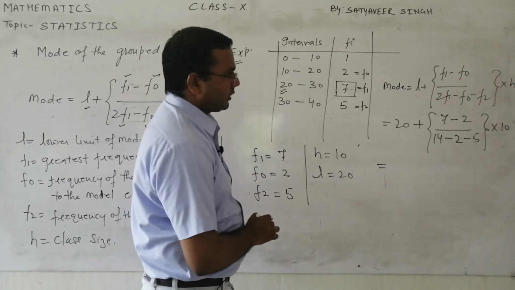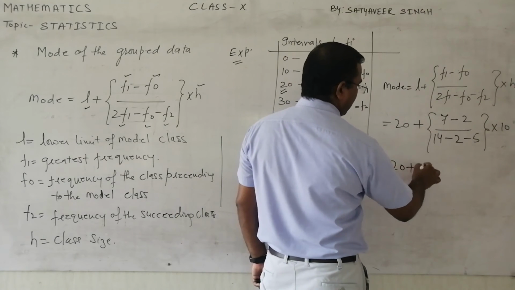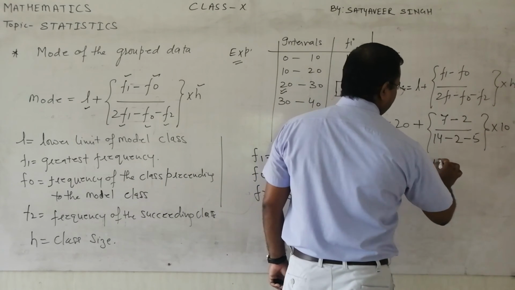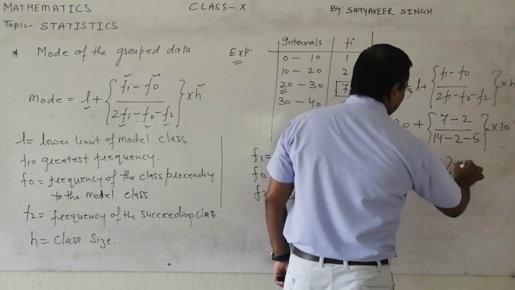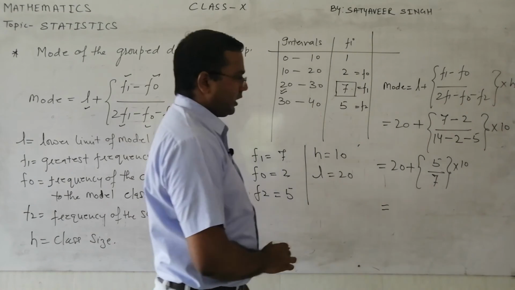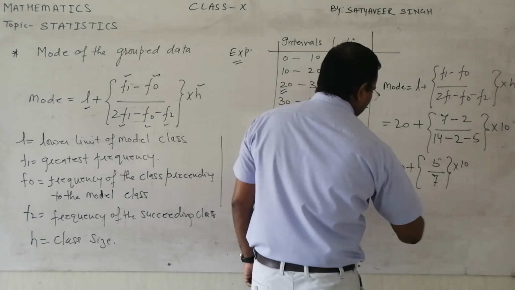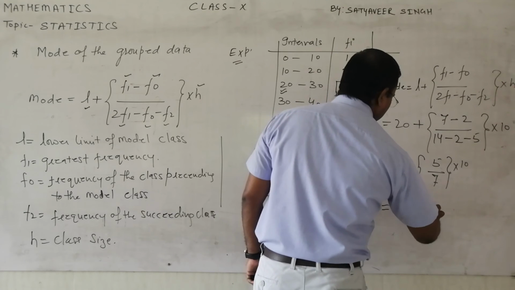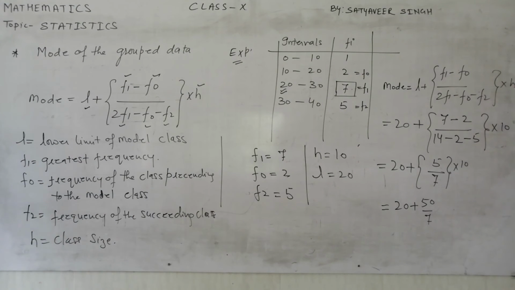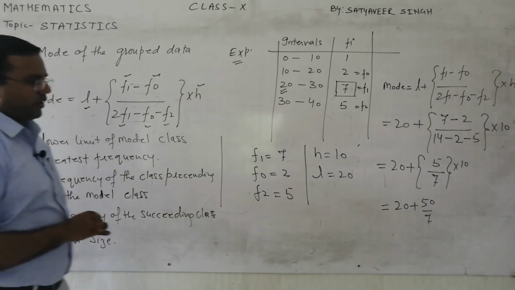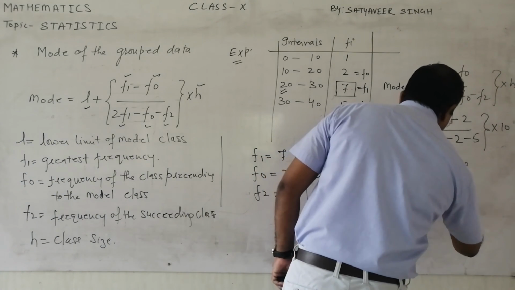So we will solve this further. We get 20 plus (7 minus 2 is 5) upon (14 minus 2 minus 5 is 7) into 10. So we get 20 plus 50 upon 7. You can solve 50 upon 7 further in decimal; it is something like 7.1.